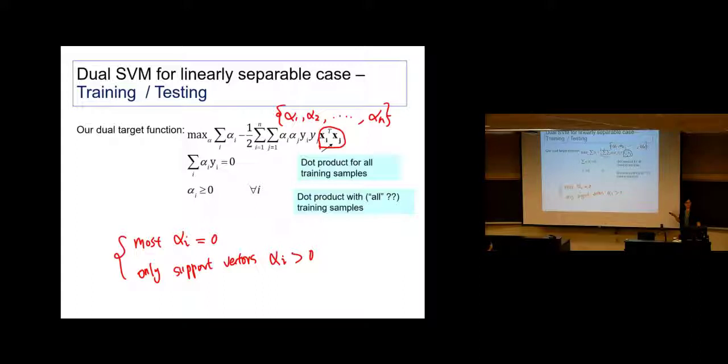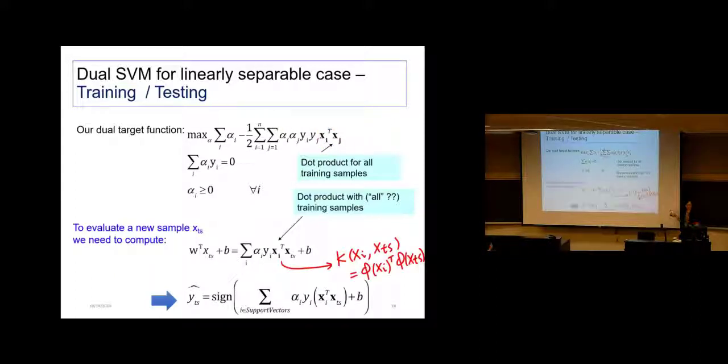There's a good reason why this is good. During the testing phase, this is a summation of alpha i y i times the inner product formulation. If alpha i is 0, you don't need to calculate it at all.